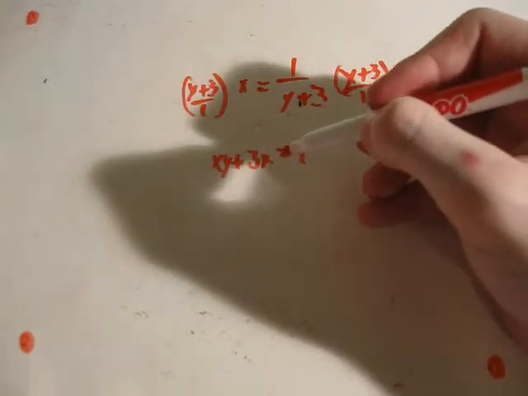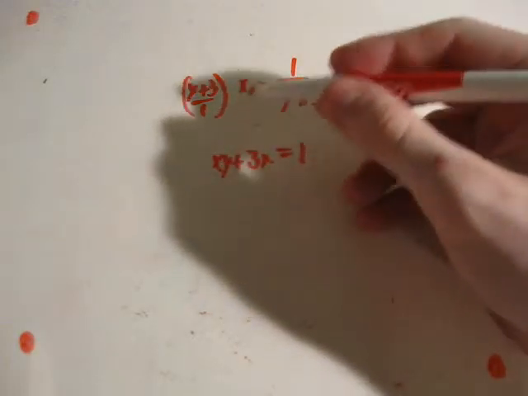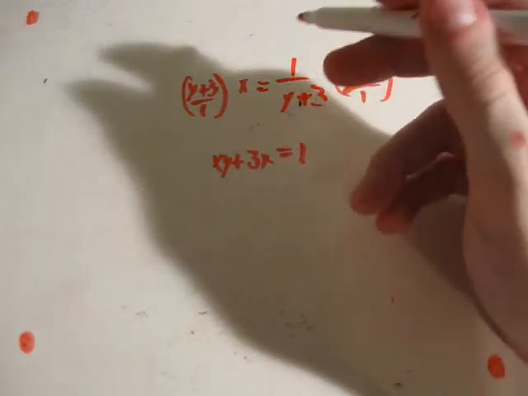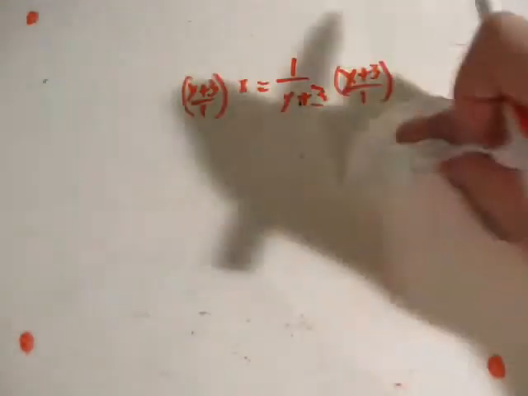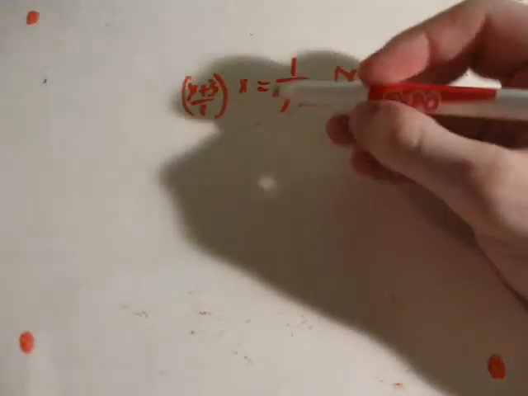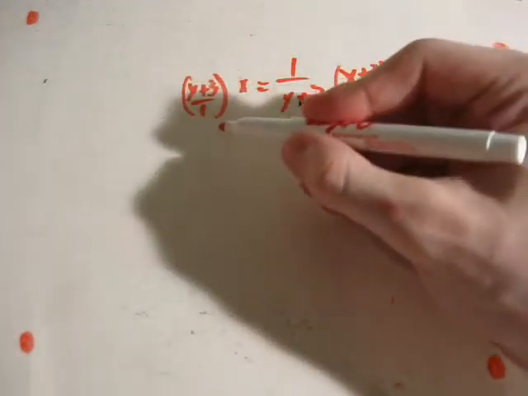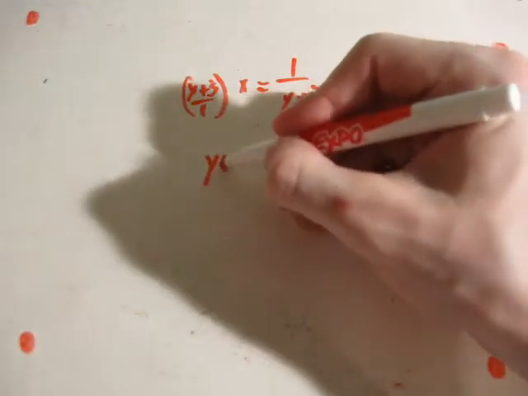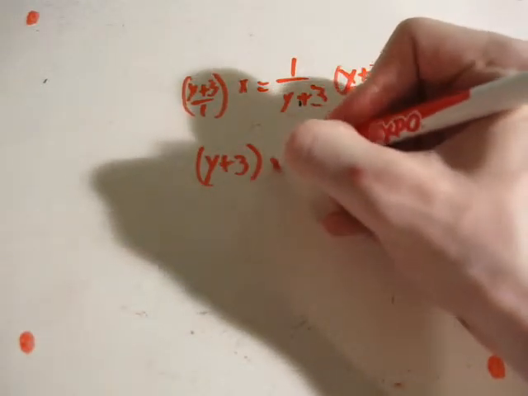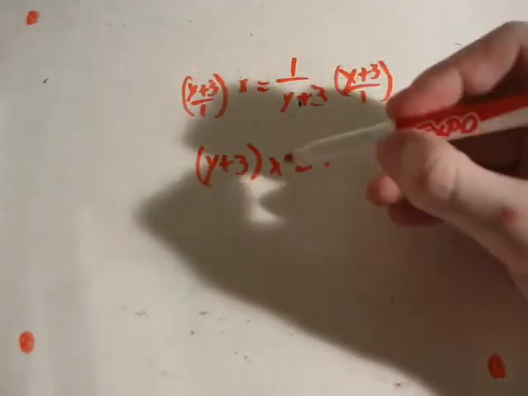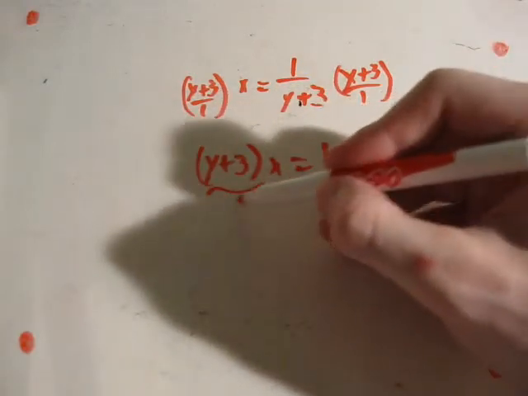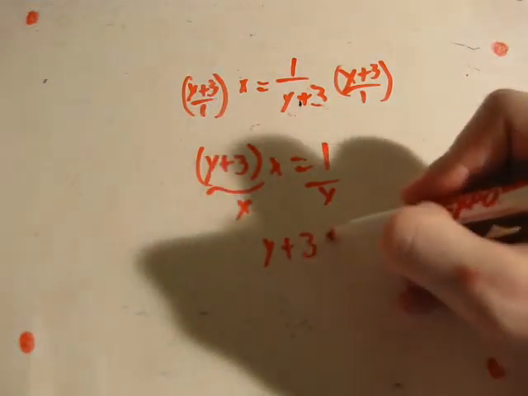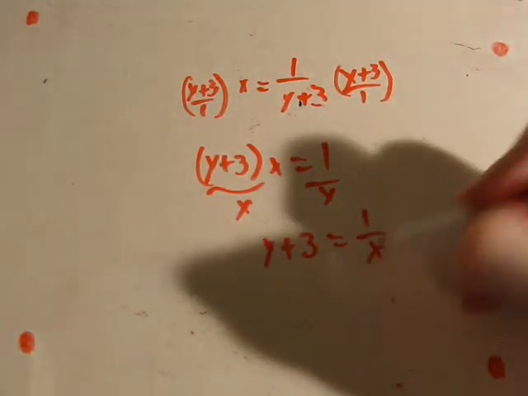Now, here we go. Well, first we've got y plus 3 times x. So this becomes y plus 3 times x equals 1. Divide by x, you've got y plus 3 equals 1 over x.